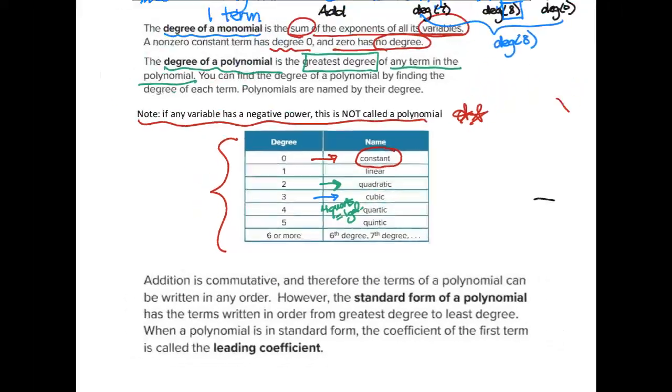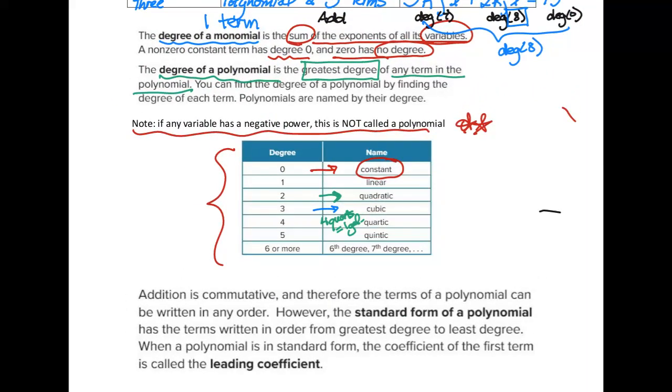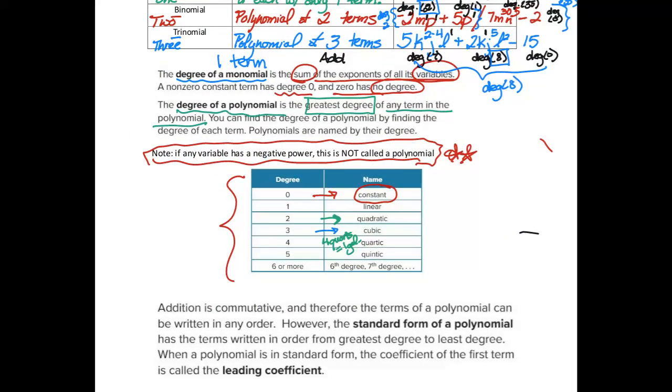All right, now let's go back. It says up here above, note, if any variable has a negative power, this is not a polynomial. Very important. So if I have 3m to the second, n to the negative third, this is not a polynomial.